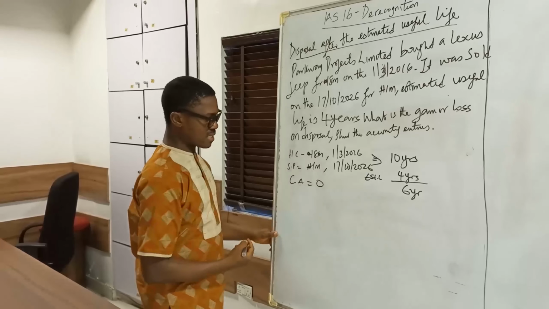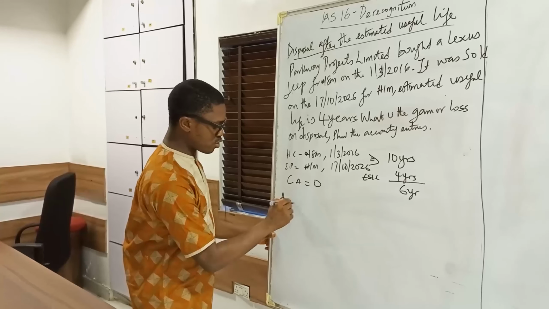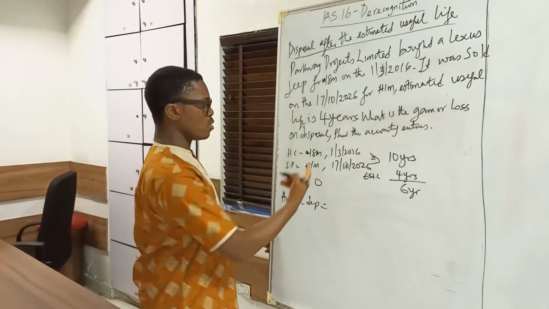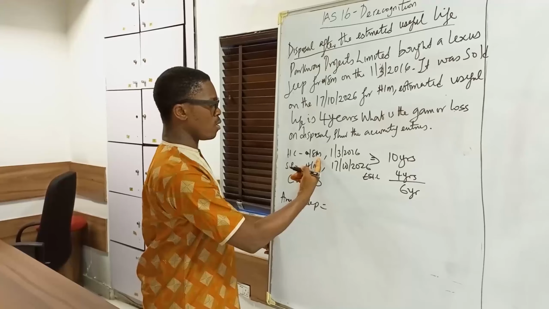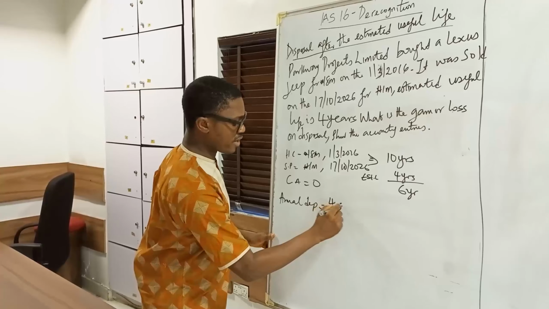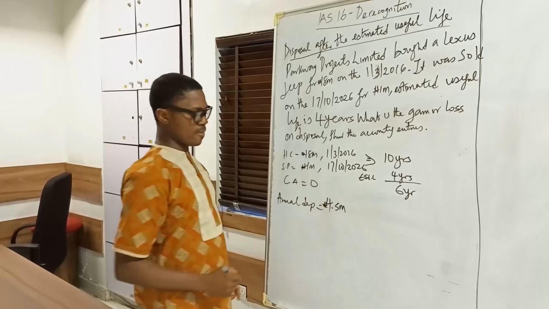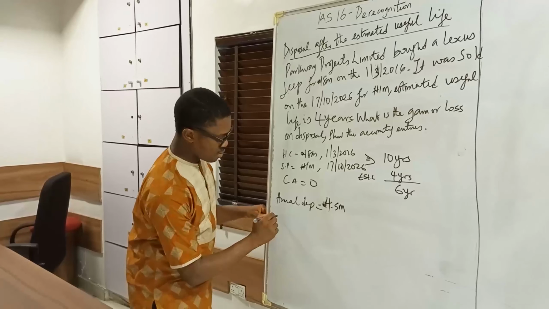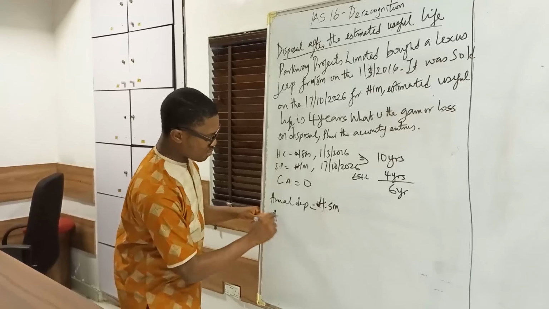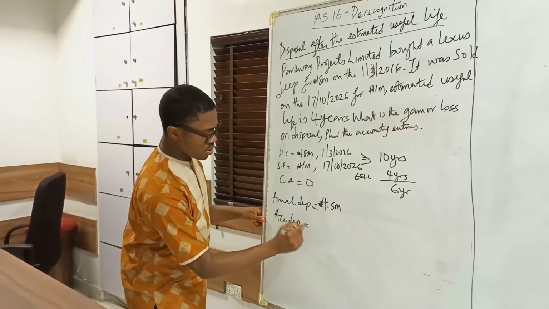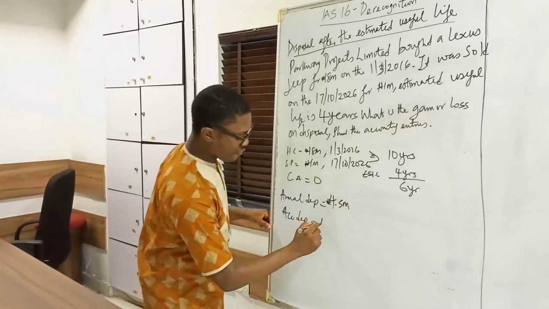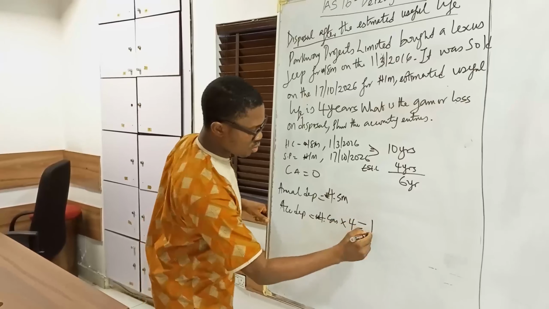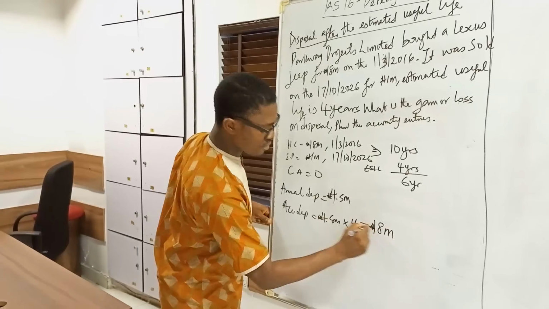Historical cost, we have established that. So, what's our annual depreciation? Our annual depreciation will be 4.5 million naira. So accumulated depreciation in the 4th year will be 4.5 million times 4, which is 18 million naira.